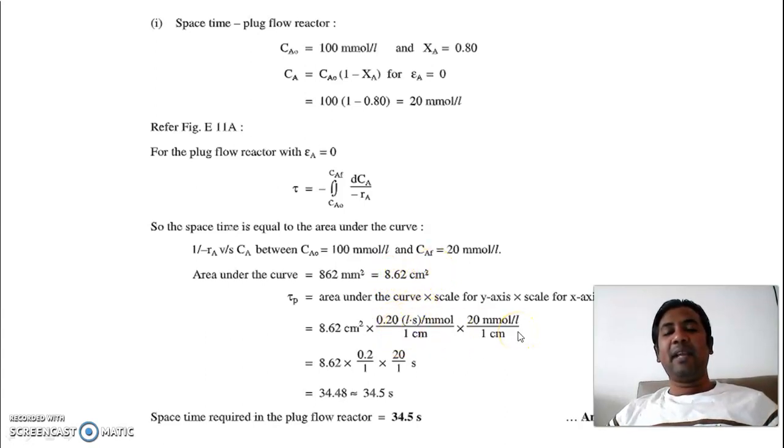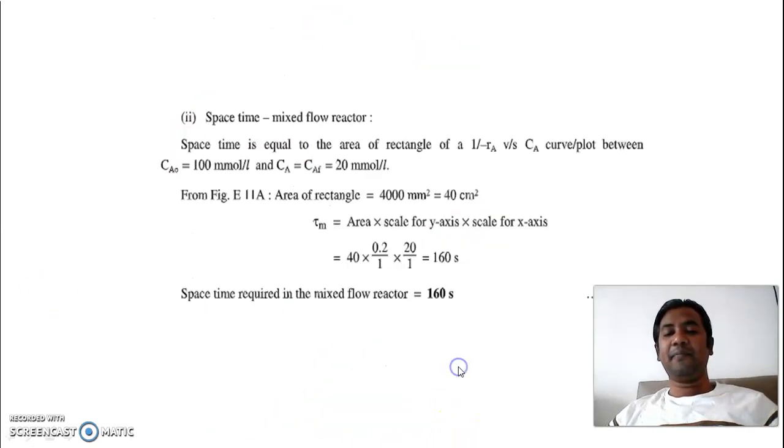Multiplied by the scale on the x-axis into the scale on the y-axis, you will get the value of space-time required for the plug flow reactor, when your input concentration is 100 and output concentration required is 20, that is, the desired conversion is 80%. So the space-time required for the plug flow reactor in this condition is 34.5.